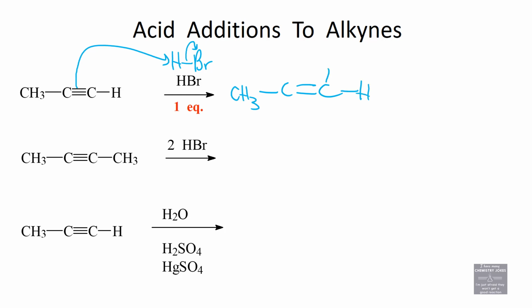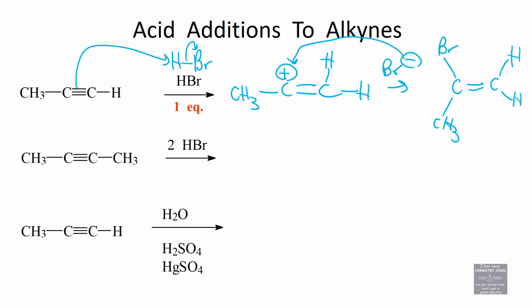I make the secondary carbocation because that's more stable than primary, and bromide attacks, like so. Done. Because I only added one equivalent of HBr, I only added one H and one Br.